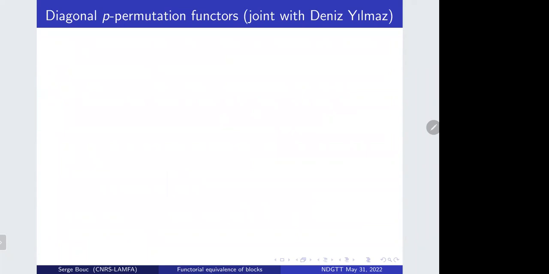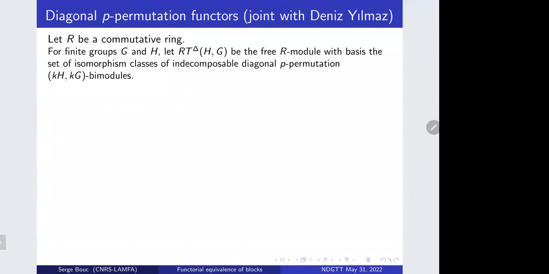So we come to the notion of a diagonal p-permutation functor. Again, this is joint work with Deniz Yilmaz. First we fix a ring of coefficients, a commutative ring R with identity. For finite groups G and H, we denote by RT delta of H and G, in short, the free R-module with basis the set of isomorphism classes of indecomposable diagonal p-permutation KH-KG bimodules.